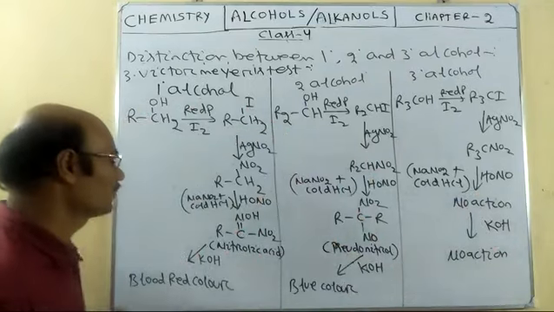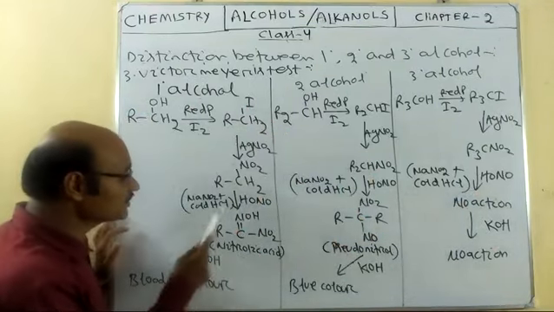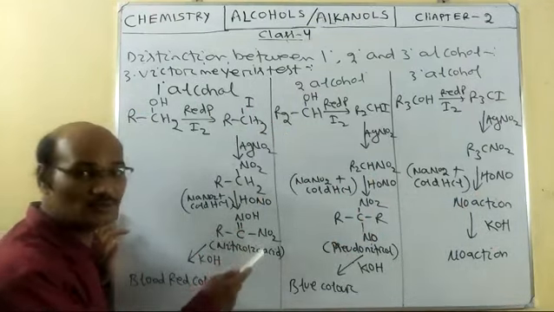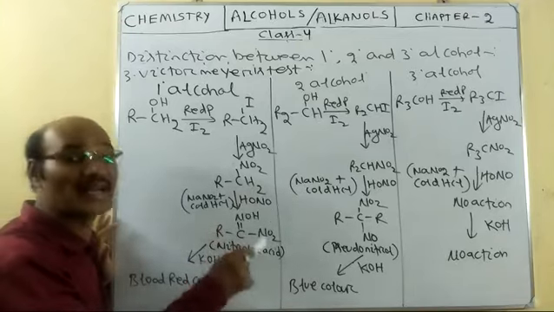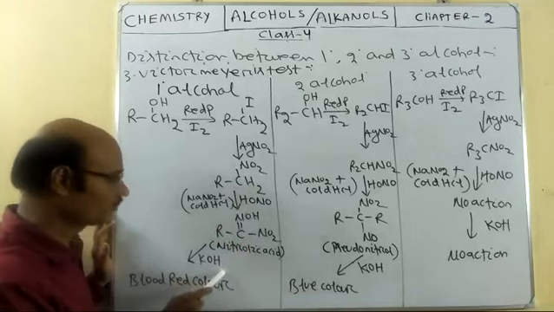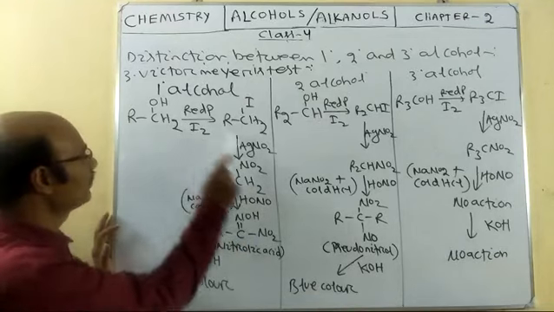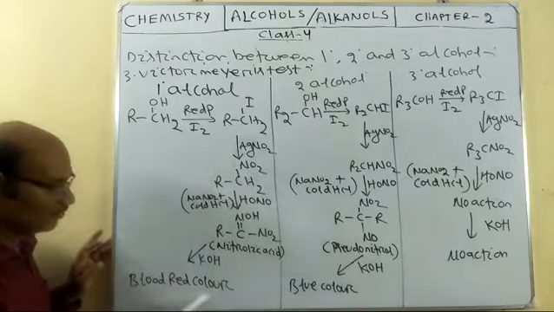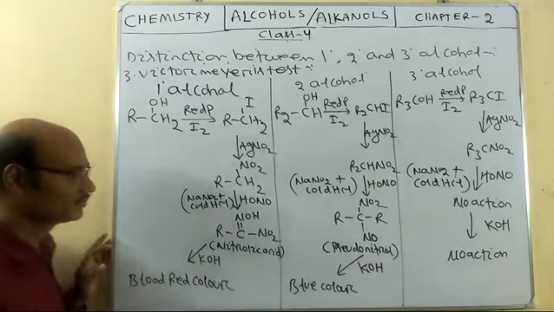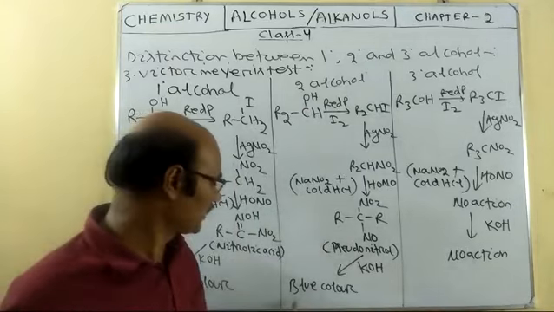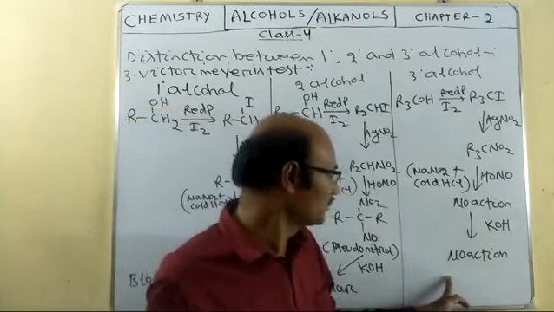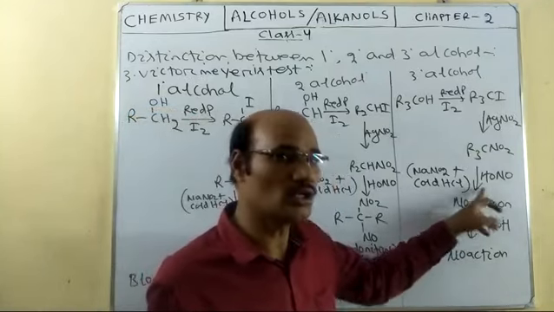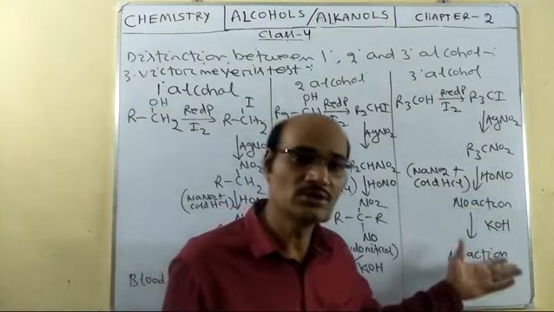Then when the product formed is treated with base, or made alkaline with KOH, in case of primary alcohol we get a blood red color. In case of secondary alcohol we get a blue color, and as there was no action with HONO, also with KOH there is no action.